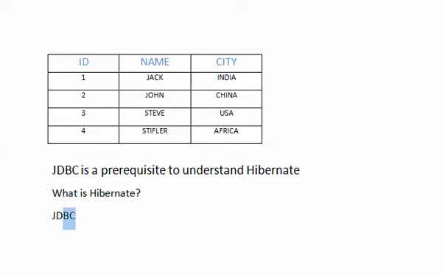In JDBC, there are some common things. Whenever we want to connect to a specific database, first we have to create a connection between the database and our Java application.